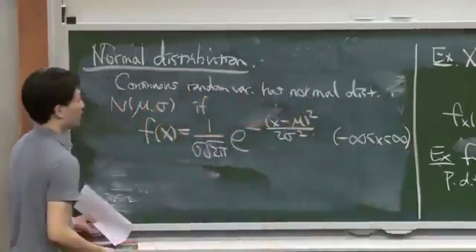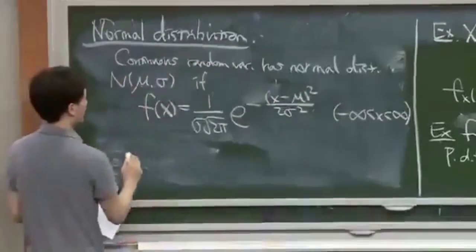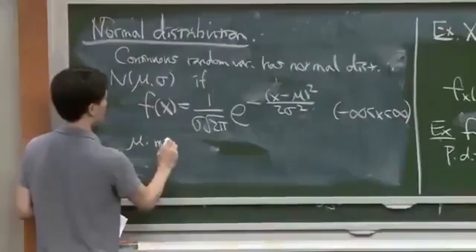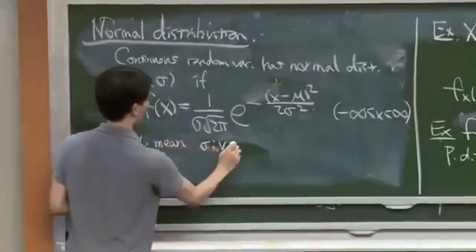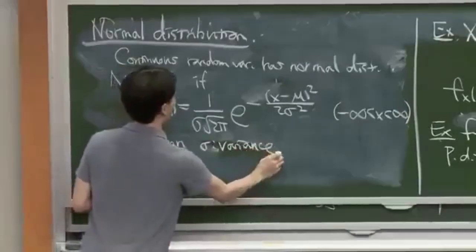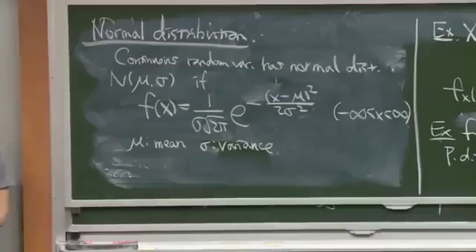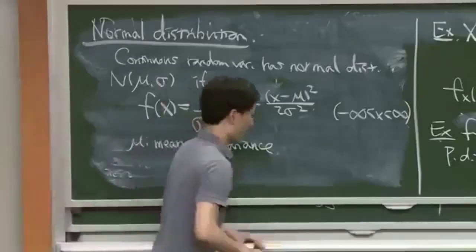Okay. So mu is the mean, and that's one of the most universal random variable distributions. Most important one as well.